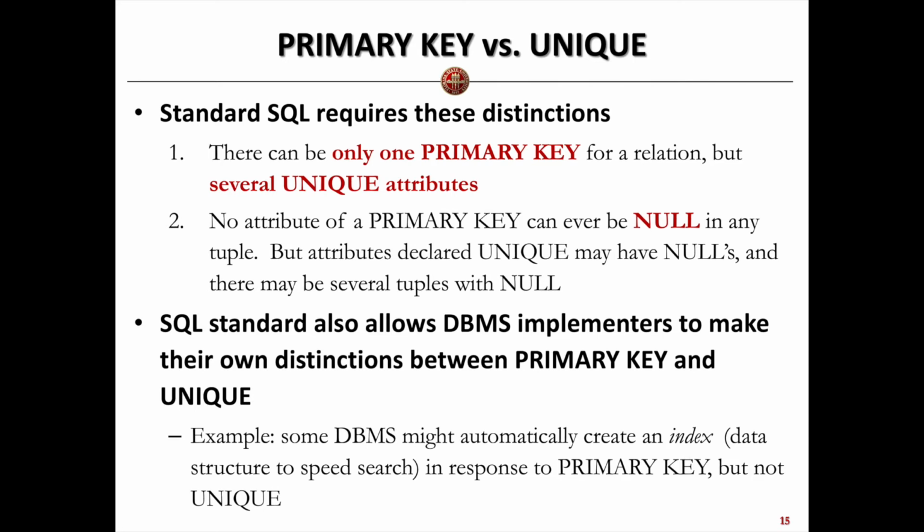And we will cover the index at the very end of the course. So sometimes the DBMS may create some extra data structures to help the database system maintain the tables if we declare some attribute as a primary key, and not do the same action for the unique keyword. Therefore, there will be some extra differences between these two keywords depending on the software you are using.